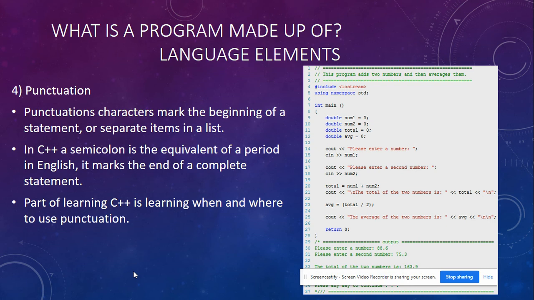Punctuation. We already did this because we already wrote a real quick program. Punctuation is usually a semicolon. The punctuation characters inside of C++ make up a short list. The big part is knowing when to use punctuation. Here's a program, here's a semicolon.